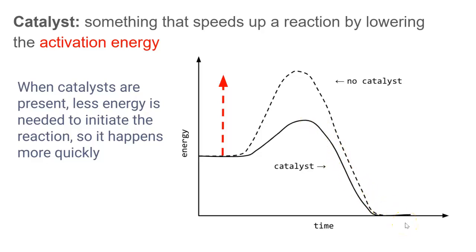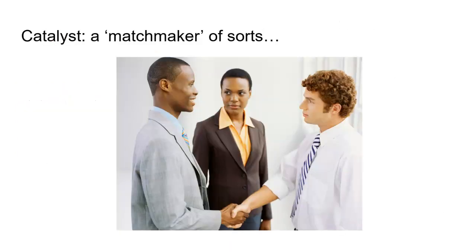Let's put it in more understandable terms. Okay, so a catalyst is a sort of matchmaker. Let's say this lady here knows this guy, and she also knows this guy, and she thinks, you know what, they have some shared common interest. I bet I should introduce them to each other. So she says, hey Mike, you should meet my friend Bob.